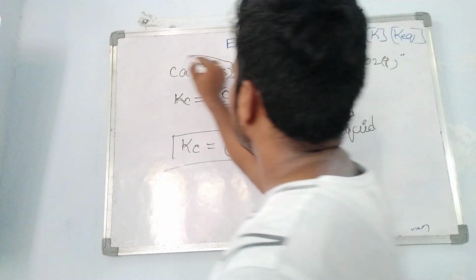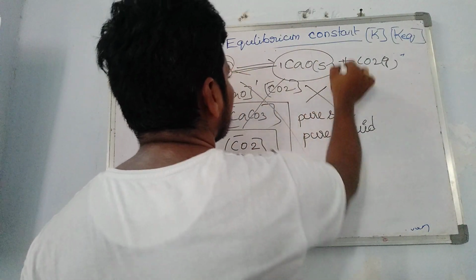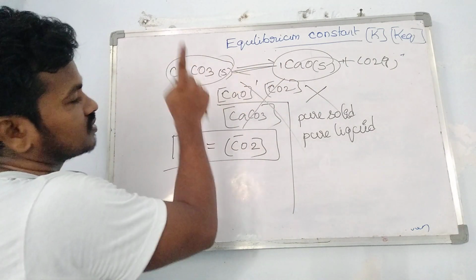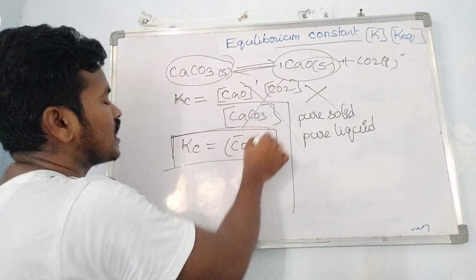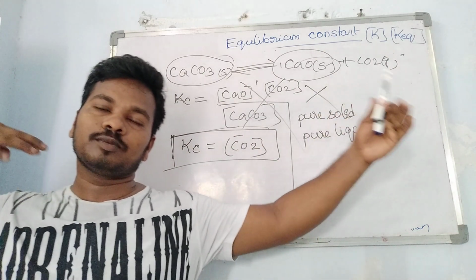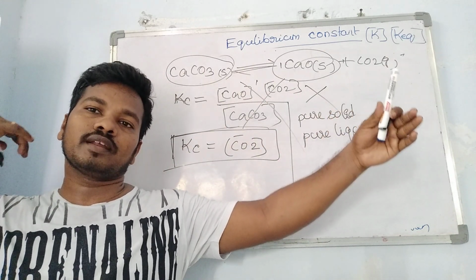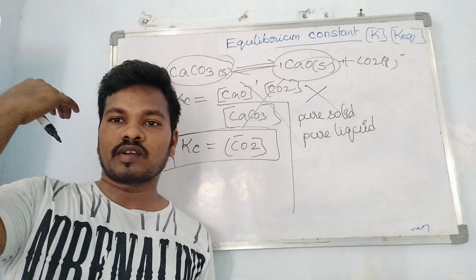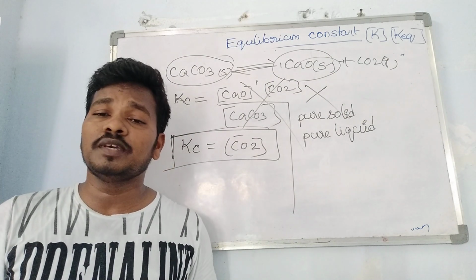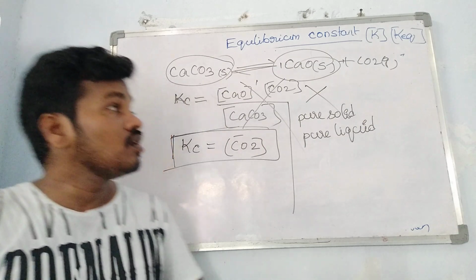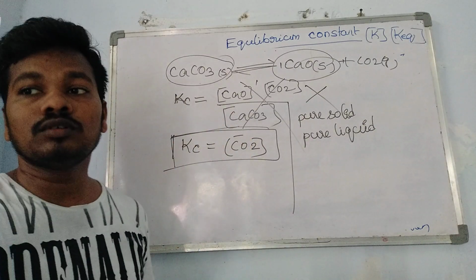That's why we do not include CaCO3. In the equation, solids and liquids should not be written; only the gaseous state we have to take. Gases have more intermolecular space, they participate, and their concentration changes easily, whether increasing or decreasing. For that reason we take only gases.